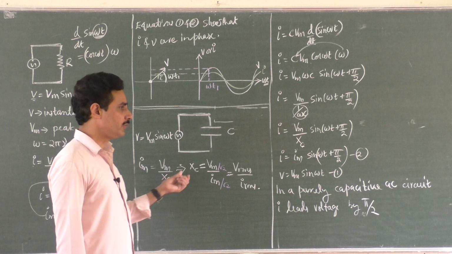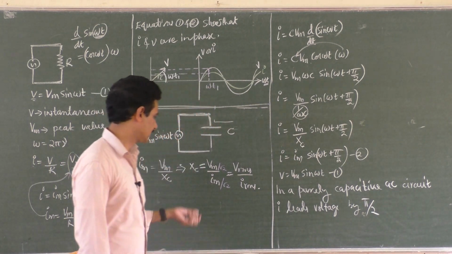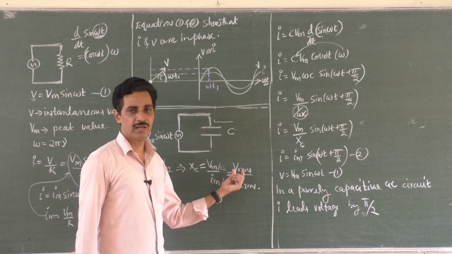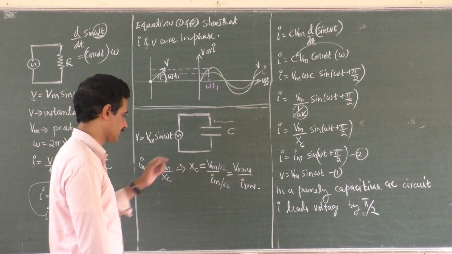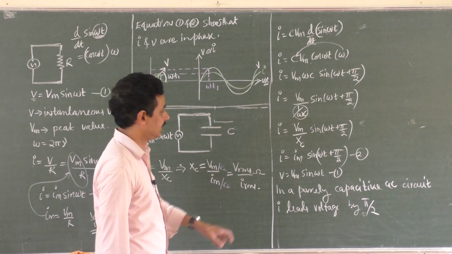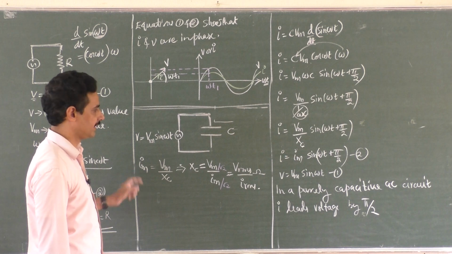Right? So how do you find out the reactance of capacitor? Pass an AC, then find out the peak value of voltage, peak value of current. Divide them. RMS value of voltage to the RMS value of current. Get the ratio. That is the reactance of the capacitor, and it is also measured in ohm. Also, you see here, Vm by Xc is taken as Im, right?